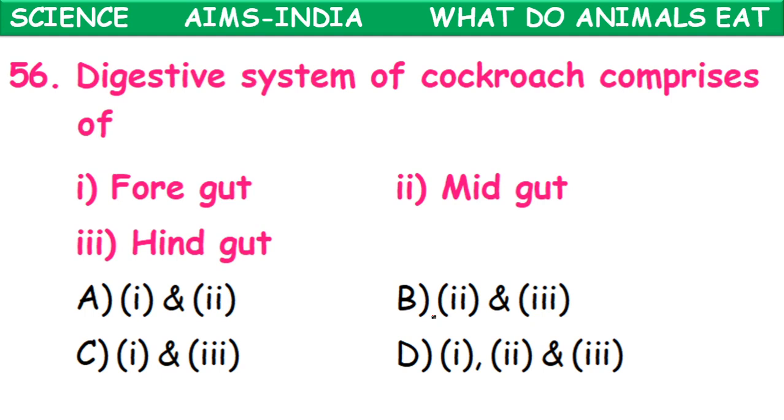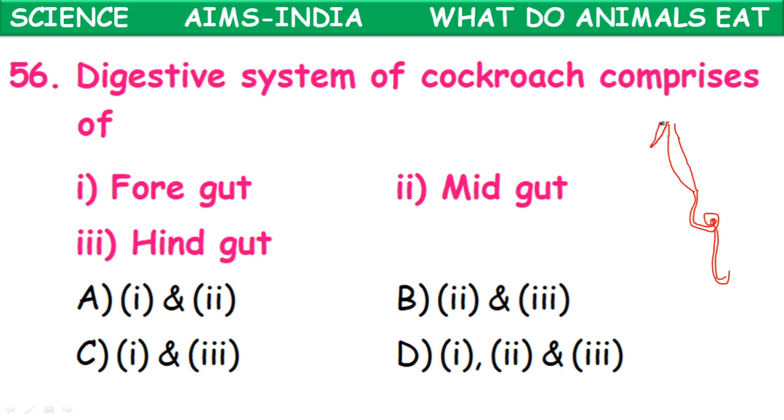The digestive system of cockroach comprises of foregut, midgut, hindgut. 1, 2, 2 and 3. So actually the digestive system of cockroach is like this, and it has a round part and it continues.